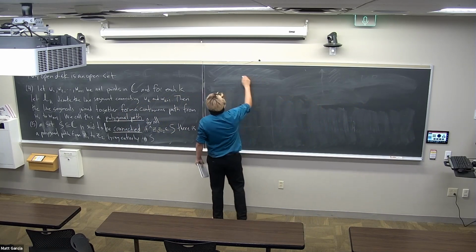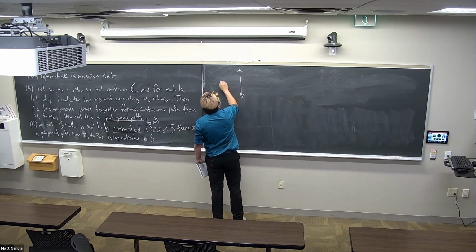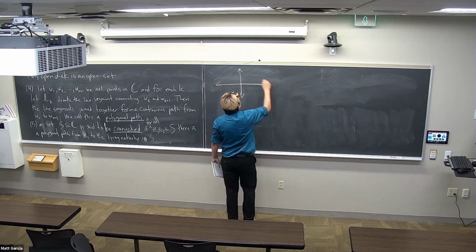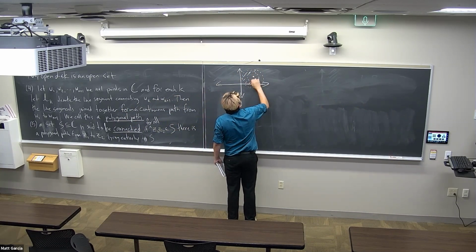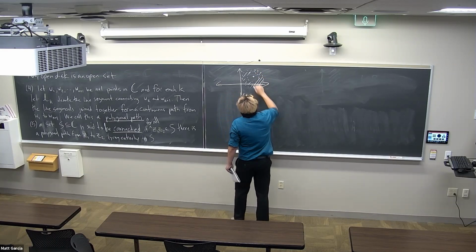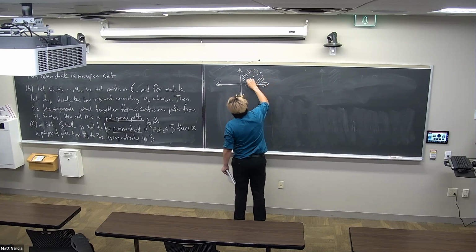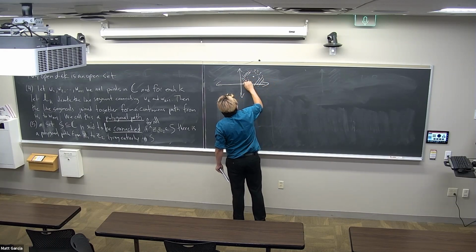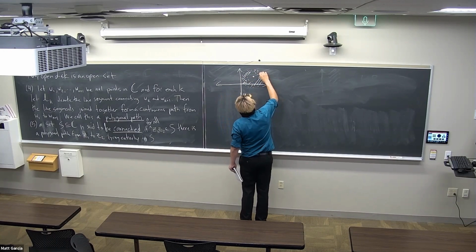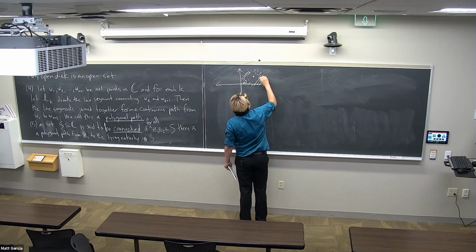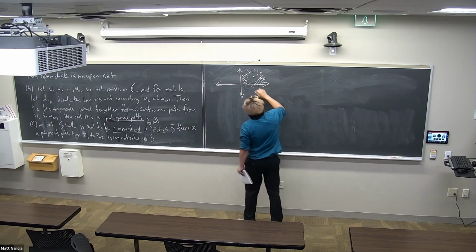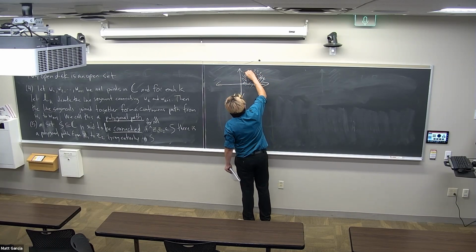Okay, so remember we had this annulus example. If we take some point, say Z1 here, and Z2 over on the other side, well, we just need to pick some points in between.